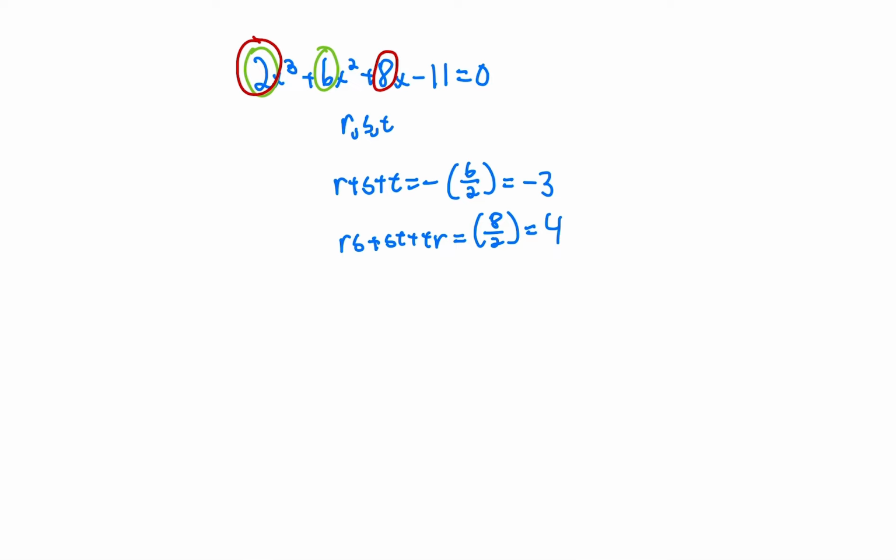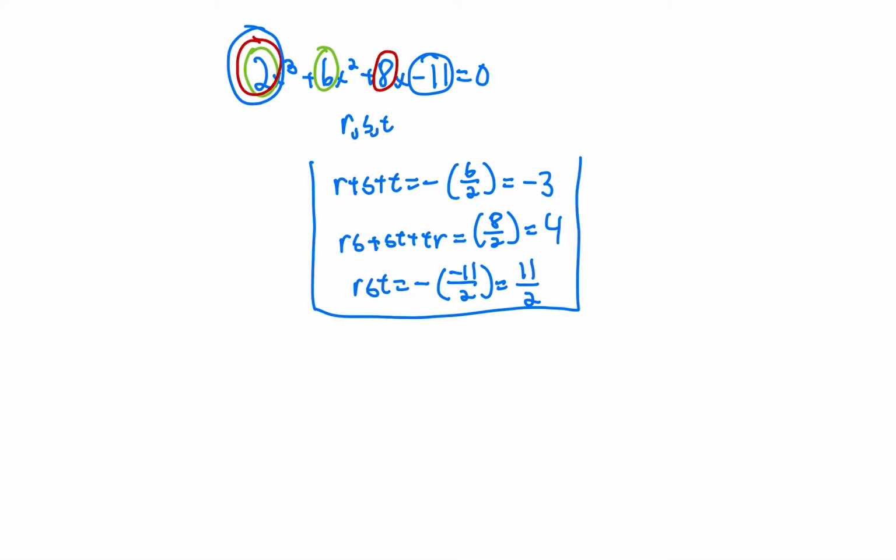And the signs alternate. So that means that for rst, there is going to be a negative of negative 11 over 2. So negative of negative 11 over 2, and that just equals 11 over 2. So then these are the relations.